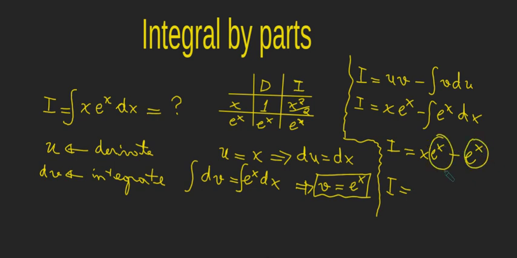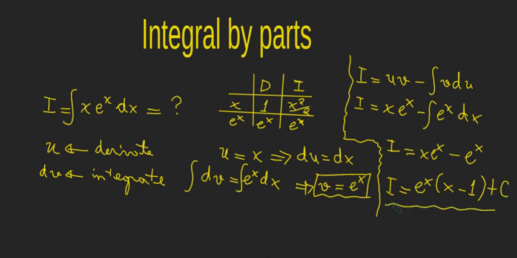I can put it in evidence because I can factorize it, since it appears in both terms. So this will be e^x times (x minus 1) plus a constant. So here is the final answer. That integral has this result right here.